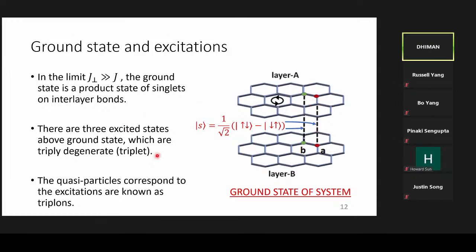The excited states are triply degenerate, known as triplet. And throughout this study, we use the term triplon, which corresponds to the quasi-particle of the triplet excitations.